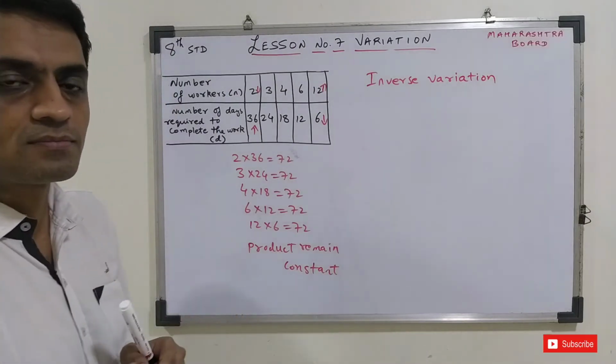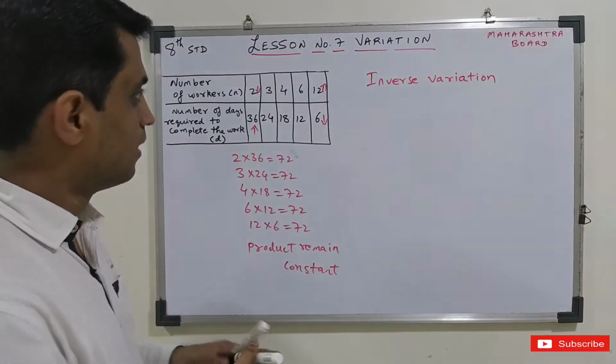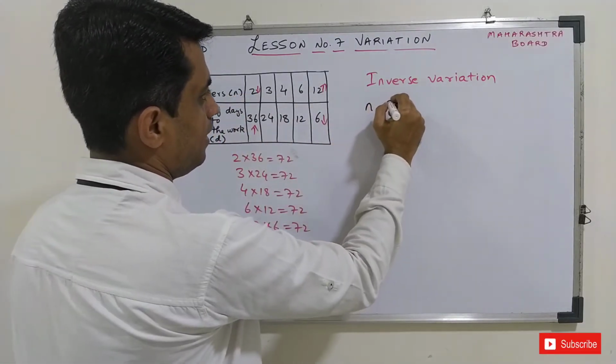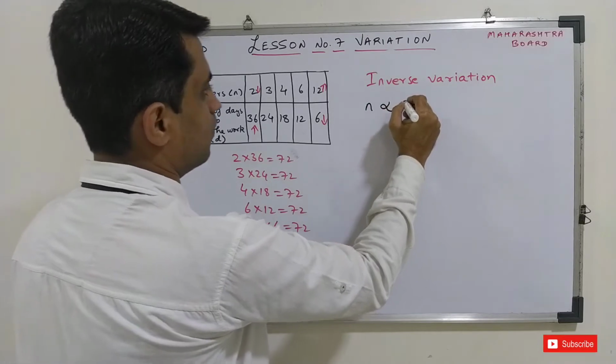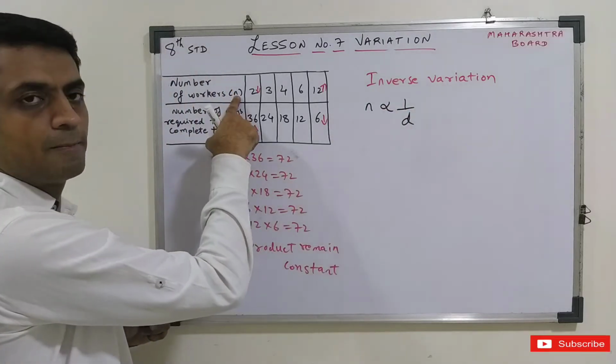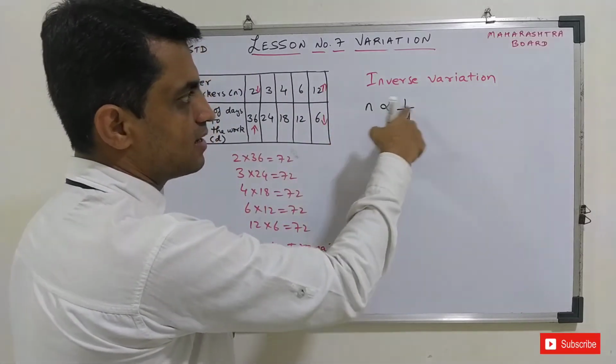Okay, fine. Now let us represent it. This presentation will be done this way. N will be inversely proportional to 1 upon D. Now D is given here and N is given here. So N is inversely proportional, we write it this way.